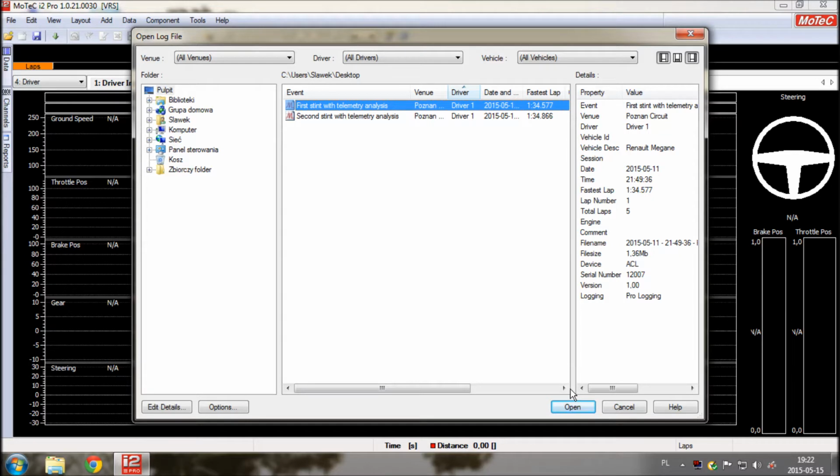Okay, before we make a comparison between the two stints, I want to show you the first stint, and today we are going to see only the driver inputs, and especially throttle application, throttle work.